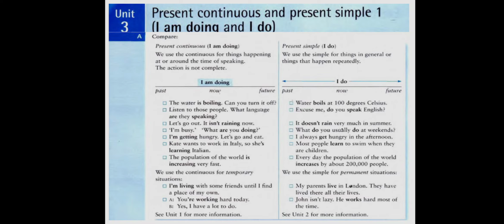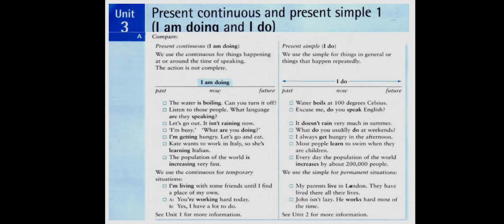In the case of the present simple, we can say it doesn't rain very much in summer. This is a fact. In summer, it doesn't rain very much. It rains very much in winter. That's why we use present simple, but because it is negative, we use doesn't.